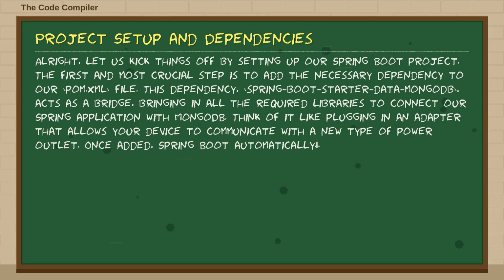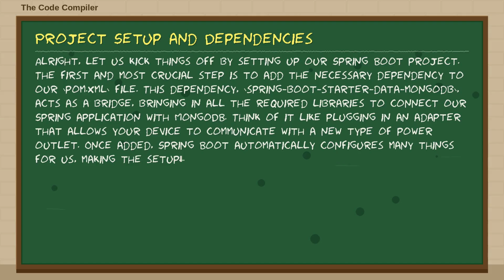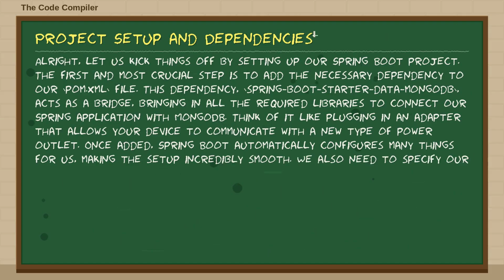Once added, Spring Boot automatically configures many things for us, making the setup incredibly smooth. We also need to specify our MongoDB connection details in our application.properties or application.yml file, usually just the database uniform resource identifier.